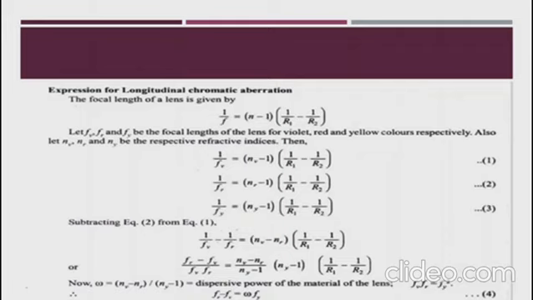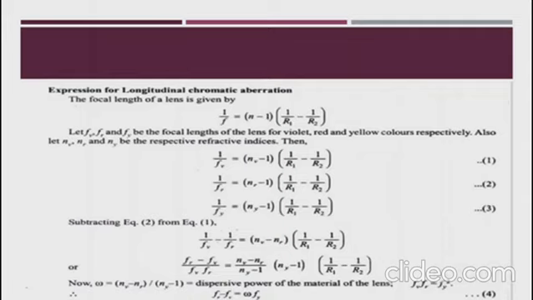Then we see the expression for longitudinal chromatic aberration. 1/f = (n - 1)(1/r1 - 1/r2). Here Fv, Fr and Fy are the focal lengths of violet, red and yellow colors.